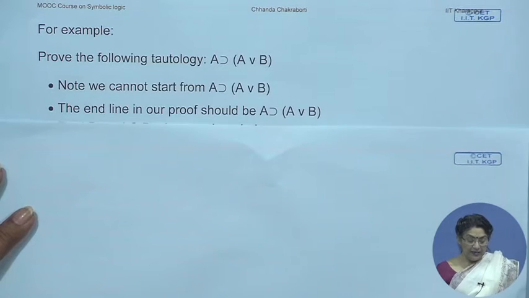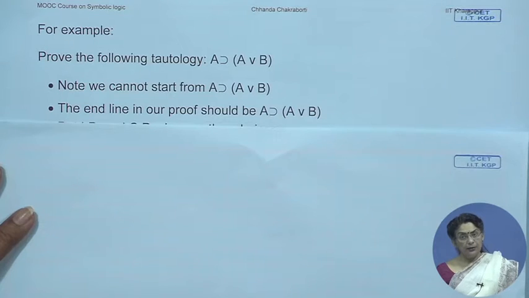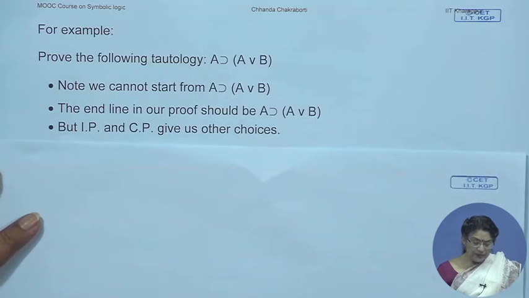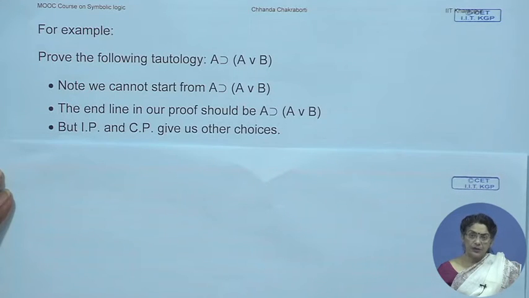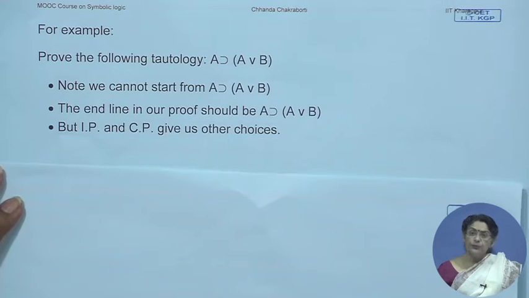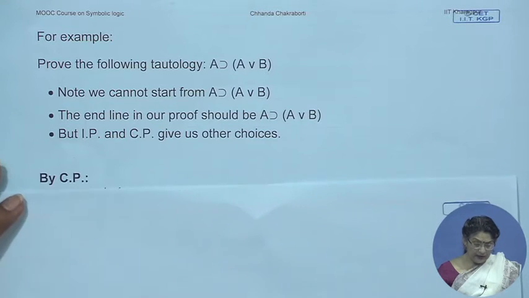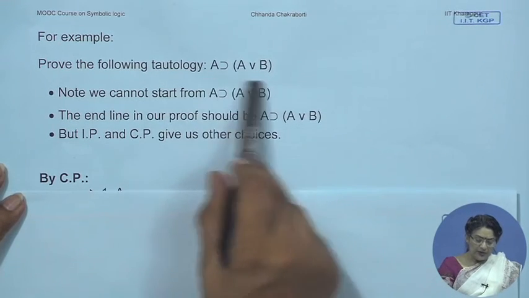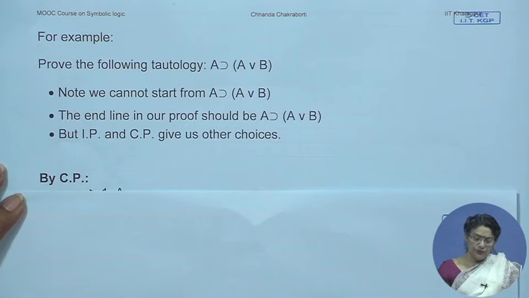All right. So, therefore, there have to be other ways to think about where and how we can start. And this is where I said the limited scope assumption procedures IP and CP will come in very helpful. So, suppose we start by the CP method. This is our conclusion: A horseshoe, A wedge B. What do you want to assume?